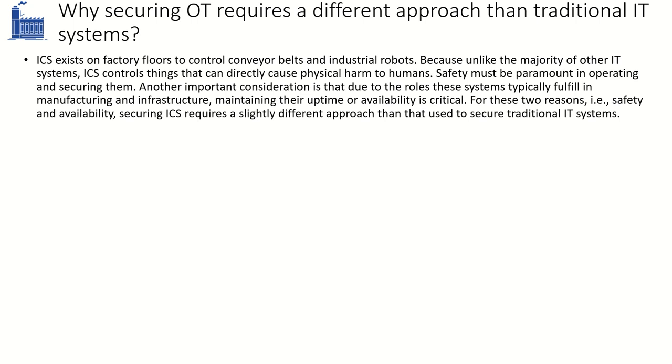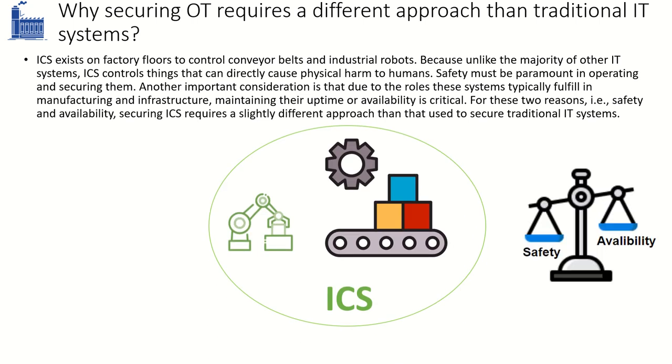Similarly, let's take the example of a water generation facility. If it faces an outage, there is no water for cities and there's loss of human life again. That is the reason uptime and availability are also very critical. So the ICS operates on these two principles: safety and availability. The security will come later.